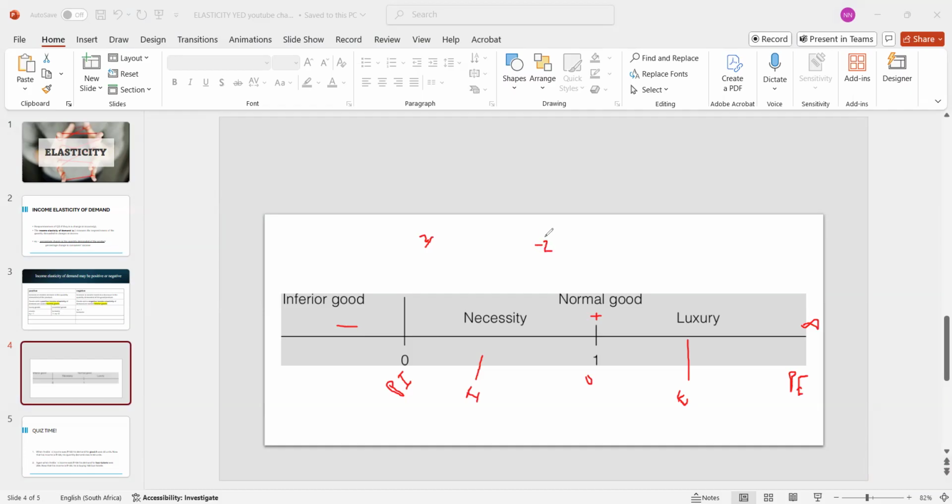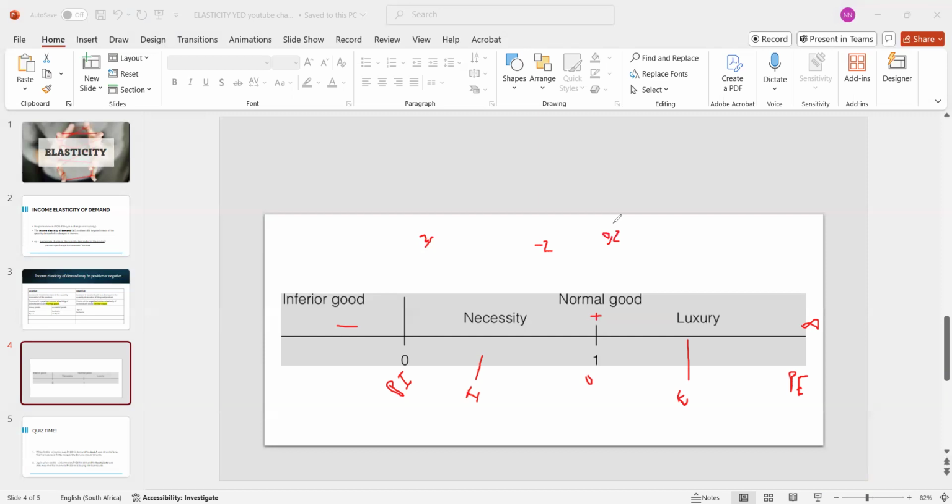Same, you get a negative 2. You see a negative number, it's an inferior good. An inferior good has an inelastic demand, because the negative sign is on this side. Also, if you get 0.5, let me just say 0.2. 0.2 is less than 1, so we're looking at this side.